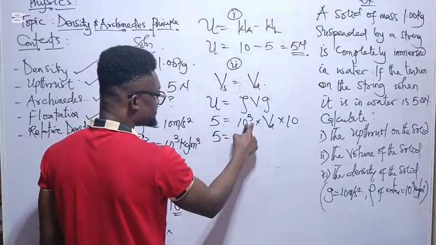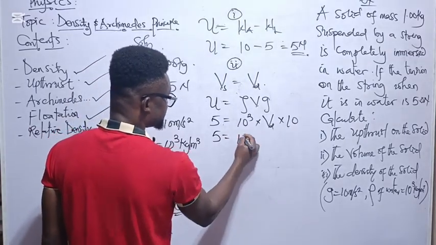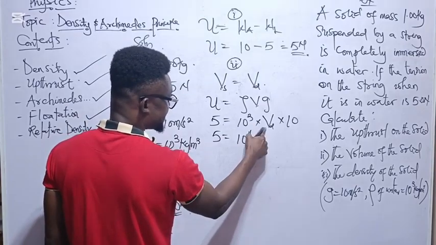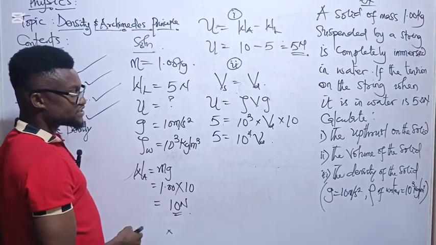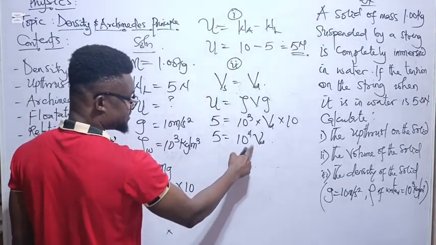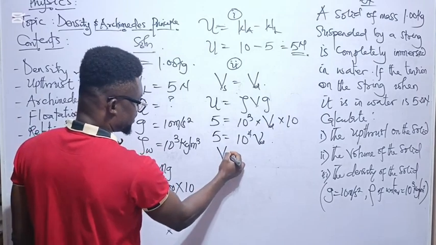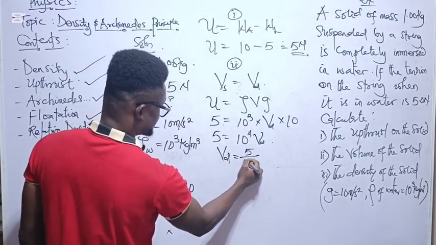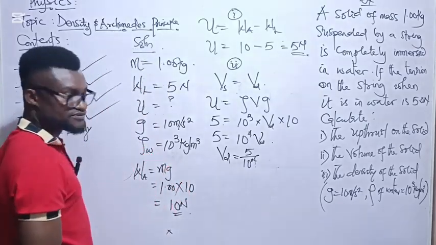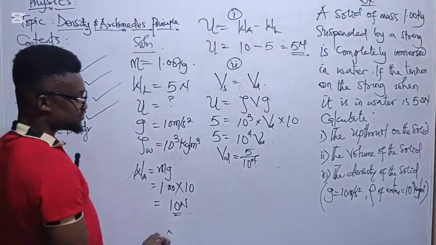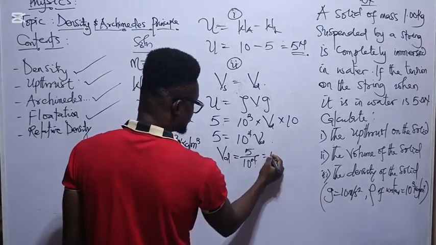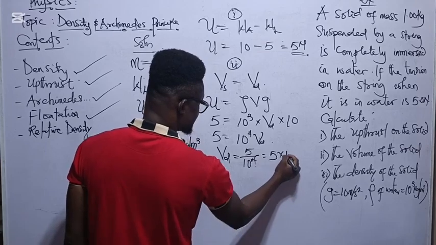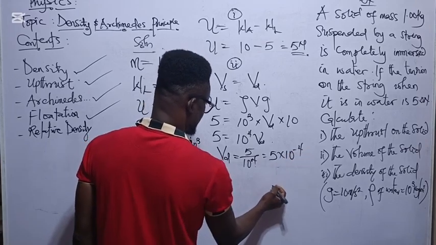So 10 raised to power 3 times 10 gives 10 raised to power 4, times V. So in order to get the value of V, you divide by 10 raised to power 4. So V now becomes 5 divided by 10 raised to power 4, which will give us 5 times 10 raised to power minus 4.